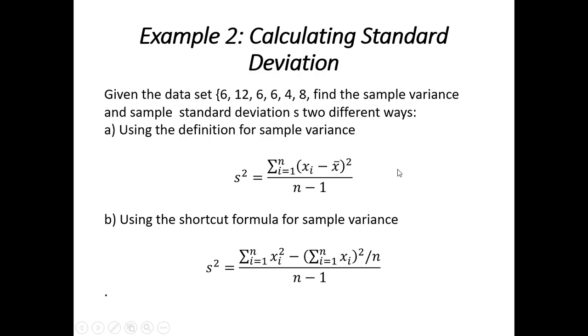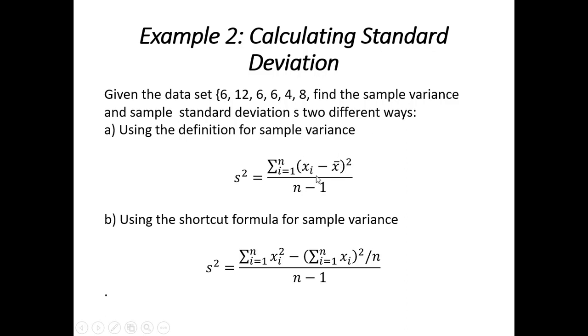Okay. The first way is what I will call using the definition formula for sample variance. Okay, in the definition for sample variance, we look at our data values minus the sample mean. We square that, right?